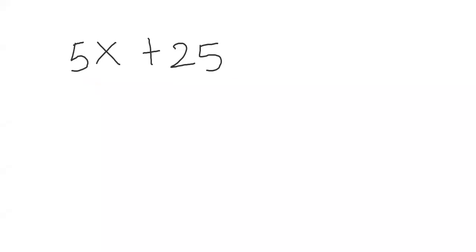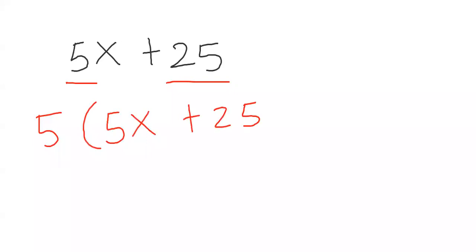This is what I mean. We look for a factor of 5 and 25, and that factor is 5. Then we take our entire expression, which is 5x plus 25, and divide it by everything that is outside the brackets, which is 5.